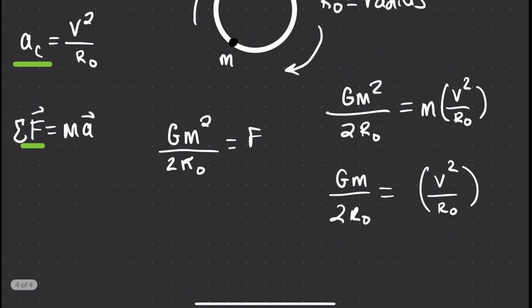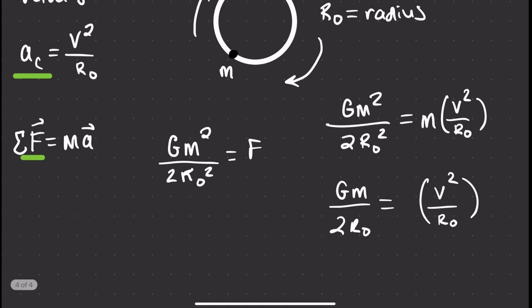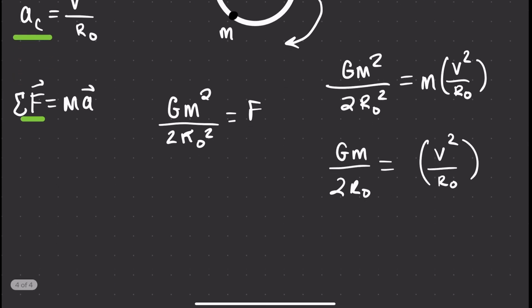This is actually squared. Something was missing, because I don't want my r0's to cancel out. And this would be 4, because this whole thing would be squared. Now we take r0 over here.